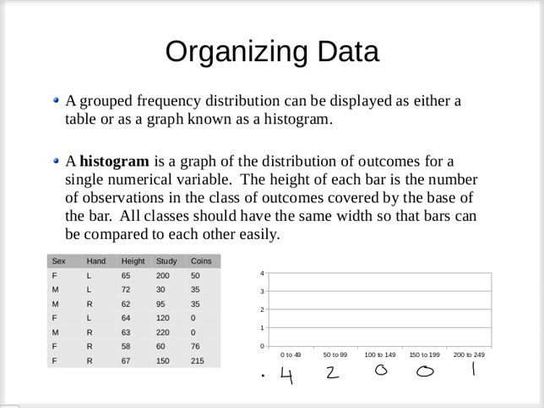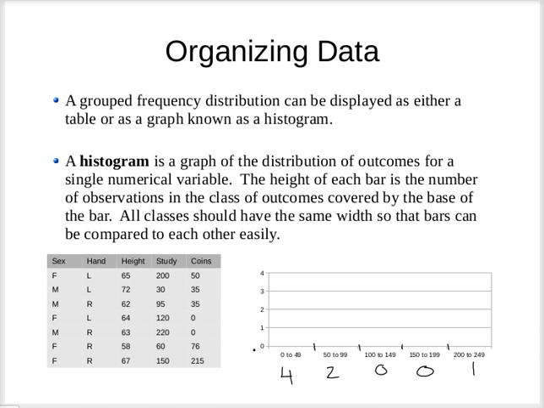Now my histogram is going to be a bar graph, and across the bottom here I've got each of my intervals labeled, and they're evenly divided, so evenly spaced out here. There's the same amount of space given for each interval from my grouped frequency distribution.